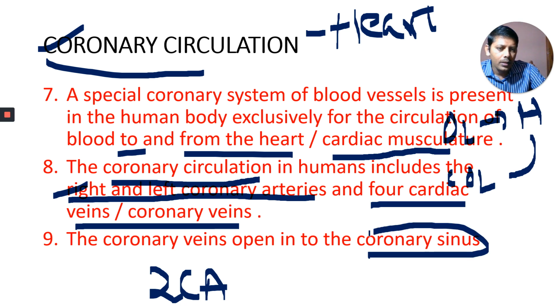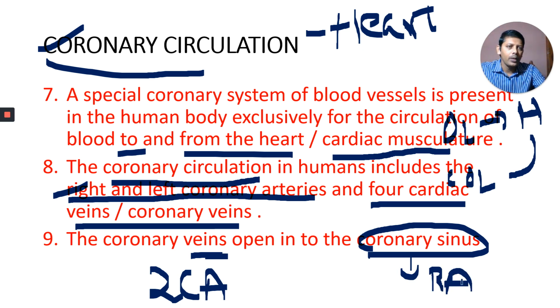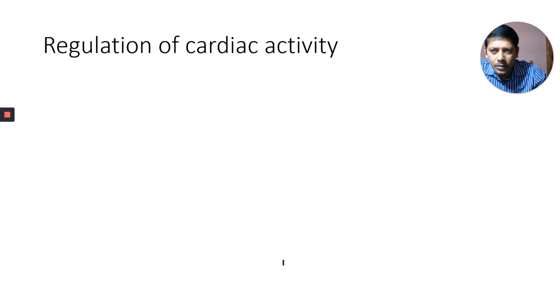What is the coronary sinus? It is a vein which opens into the right atrium. At its opening there is a valve. Can you tell me what is the valve present at the opening of the coronary sinus in the right atrium? That is called the valve of Thebesius. That's the end of this topic.